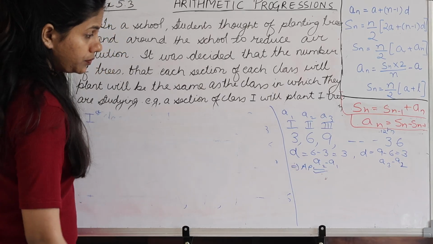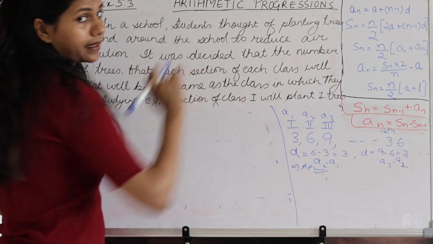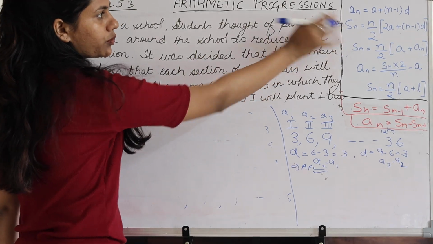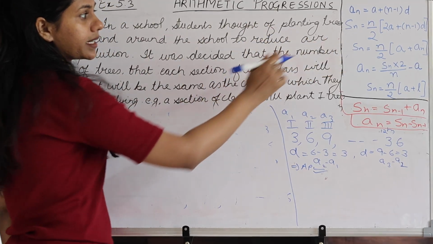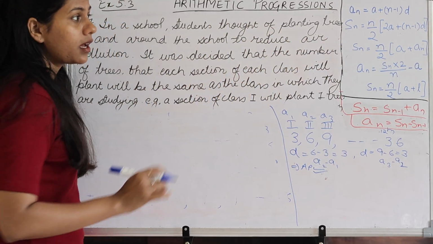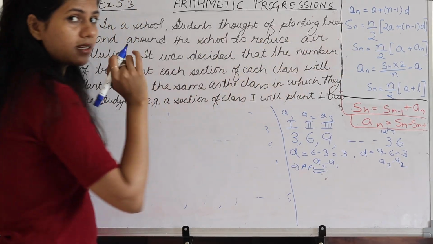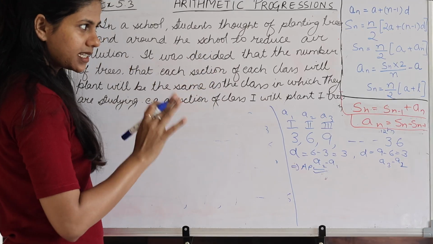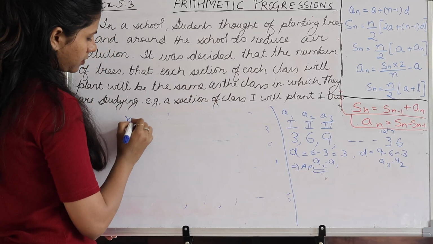So we have the formula for Sn, and as I told you, we can use this formula or this one as per convenience. We can use this formula when we know the value of n, a, and an, the last term. Is that the case with us? What is n here?